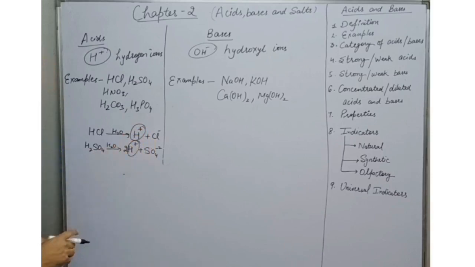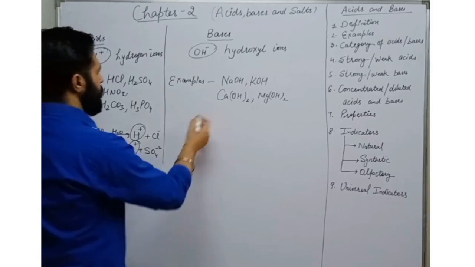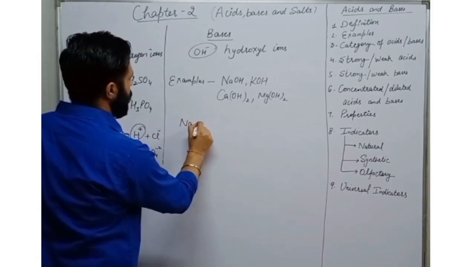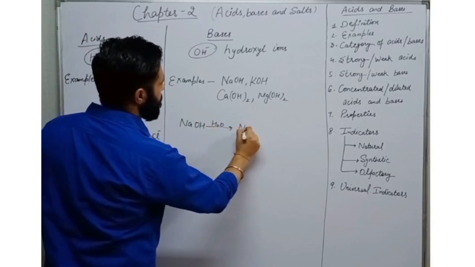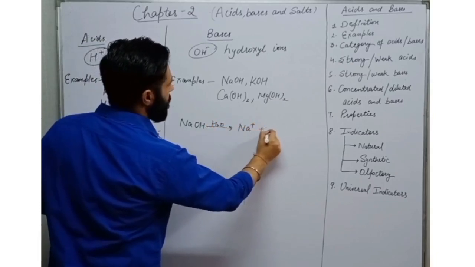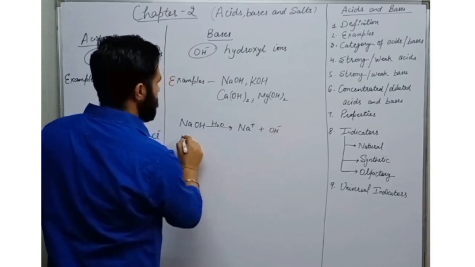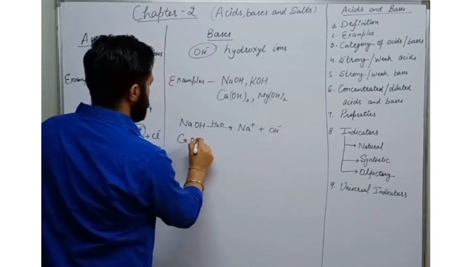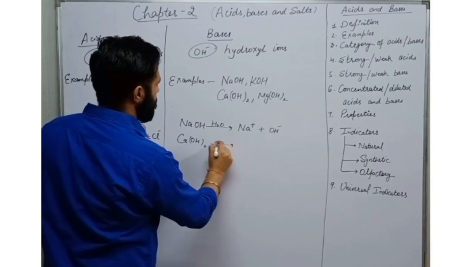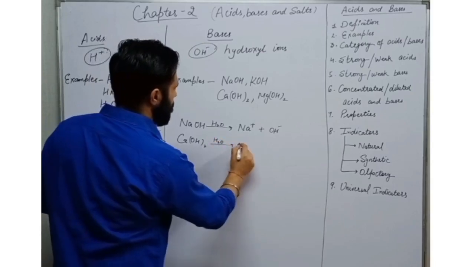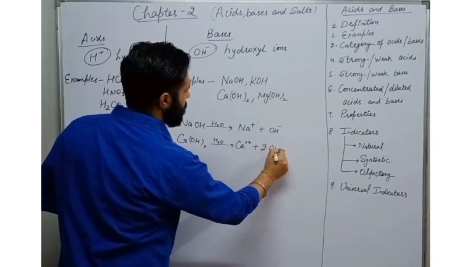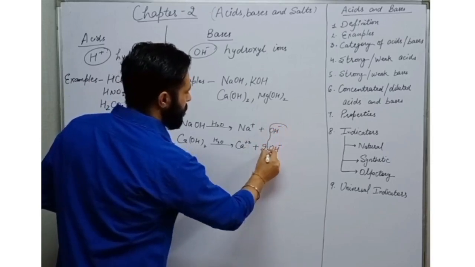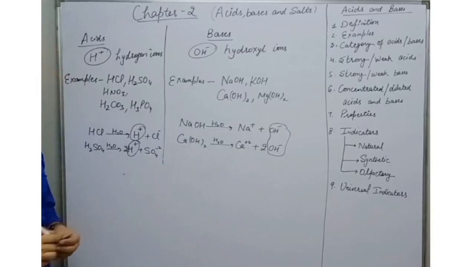Here also H plus ions when dissolved in water. Similarly, suppose NaOH, when dissolved in water, it releases Na plus OH negative ions. CaOH twice, they release OH negative ions.